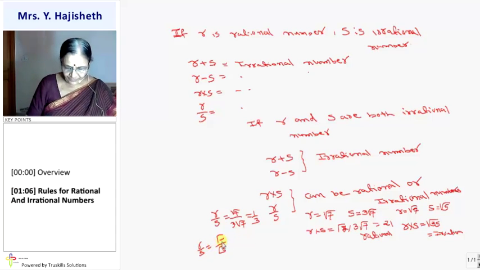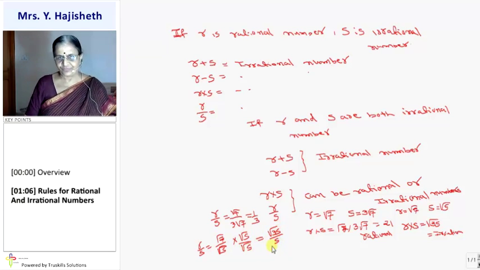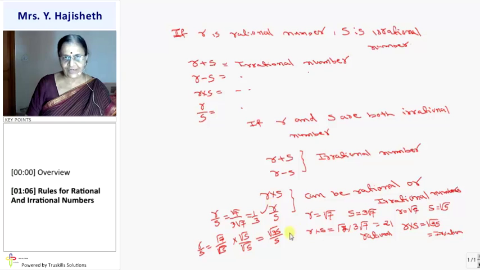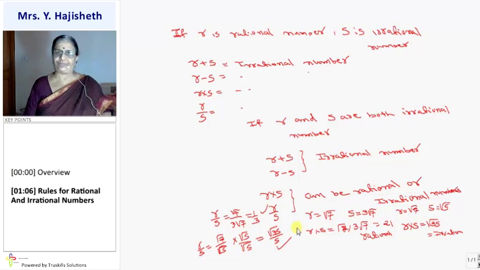If I rationalize, I don't want a square root in the denominator, so I have to rationalize with root 5 by root 5. So what is my answer? Root 35 by 5. So this is irrational. In one case it is rational, in another case it is irrational.